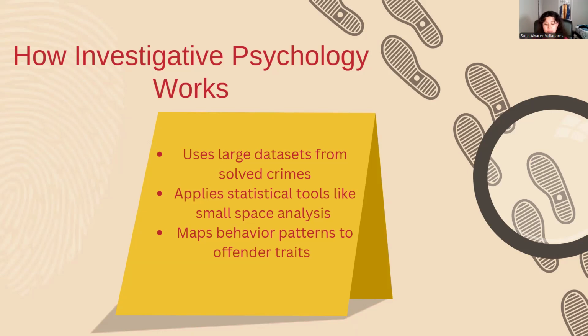This data-driven approach allows them to construct more accurate, testable profiles, reducing reliance on subjective judgment by mapping behavioral patterns to psychological traits. This method provides a more constructive, structured, and defensible way of profiling.